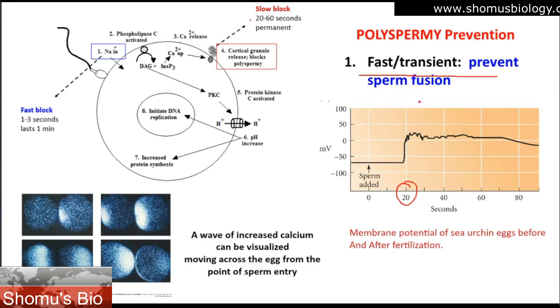So how exactly can the fast or transient block be done? This block is not permanent because it's simply a change in membrane polarization, because we know cell polarization is always maintained by the cell membrane. That means the presence of ions in and out of the cell membrane, that is positive ions. For example, sodium ion.